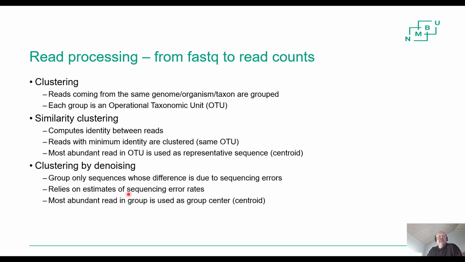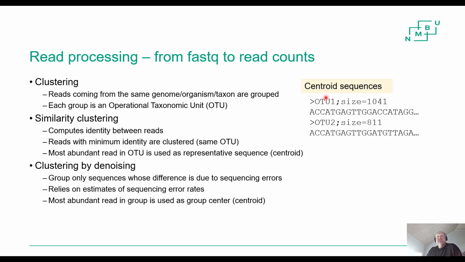So we try to denoise, or take away the noise introduced by sequencing errors, and only group those sequences which would have been identical if we hadn't had this sequencing error. And again, the most abundant read is the centroid. That's the same as up here. So one representative for each group, and that's the biggest one in the group.